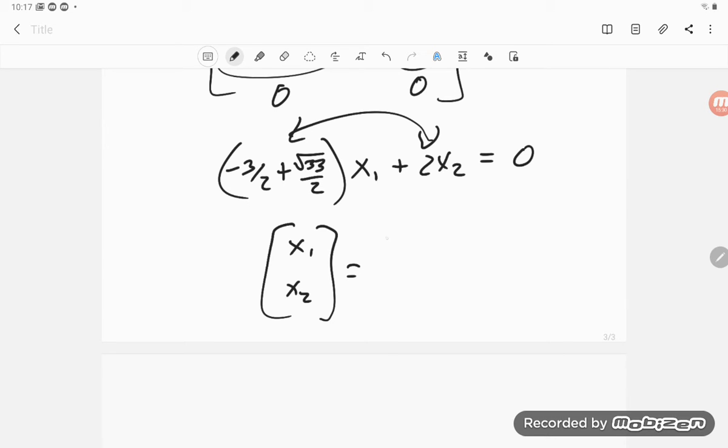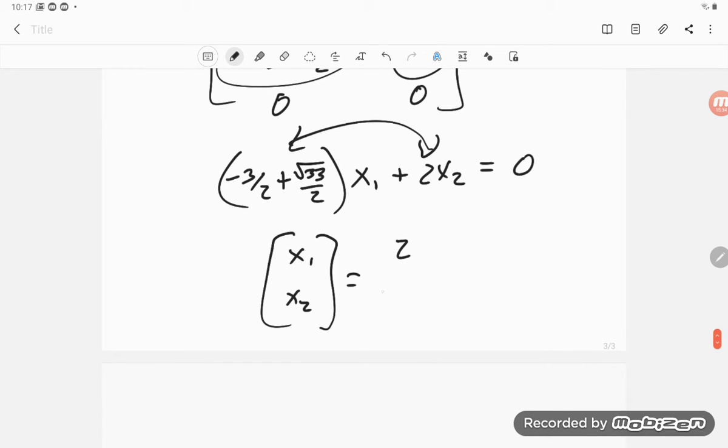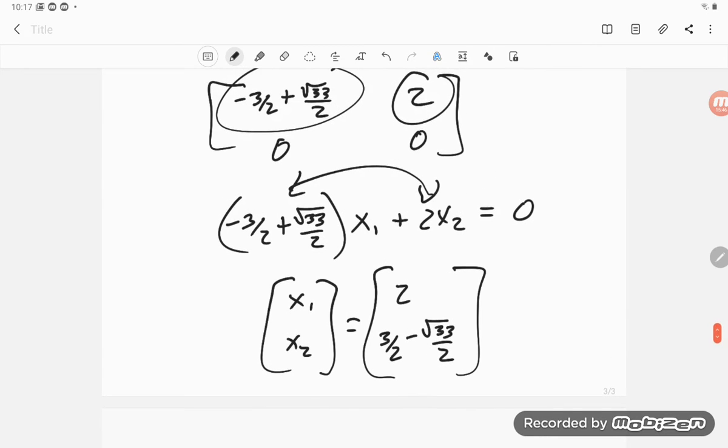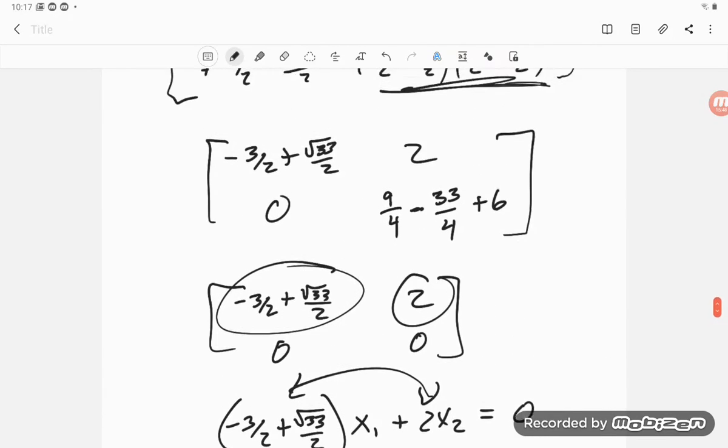And so I'm going to go with a 2 here for x1 and then a 3/2 minus the square root of 33 over 2. And there is my eigenvector that goes with my eigenvalue.